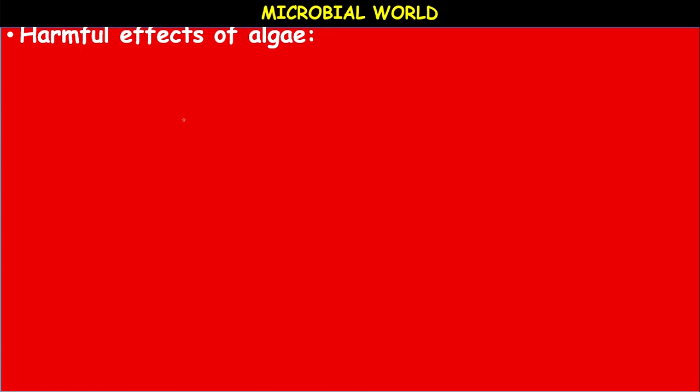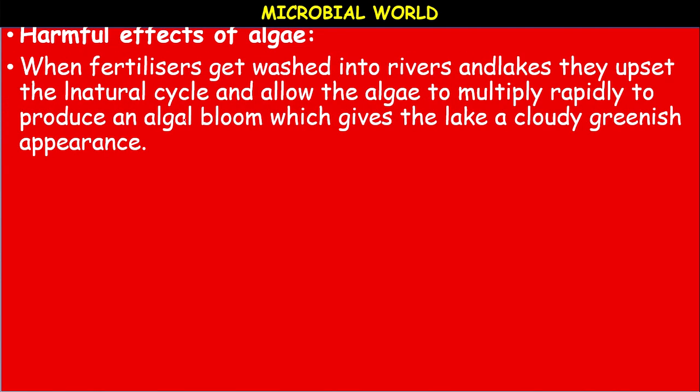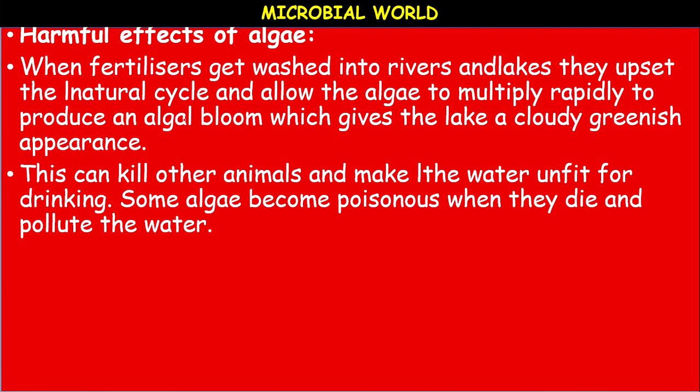The harmful effects of algae, if you take, when fertilizers get washed into the rivers and lakes, they upset the natural cycle and allow the algae to multiply rapidly to produce an algal bloom, which gives the lake a cloudy greenish appearance. Okay, this is called biomagnification.